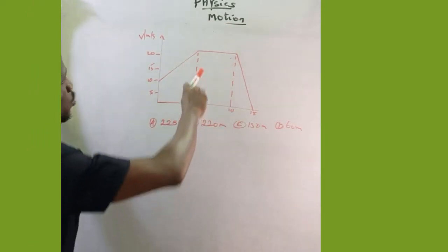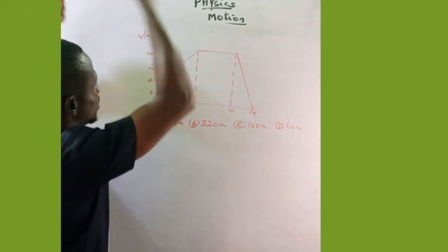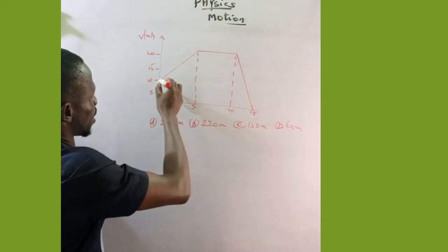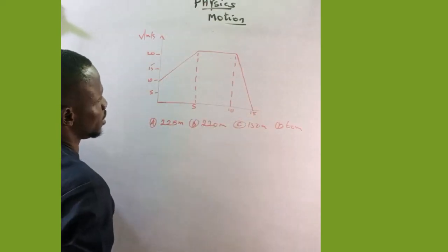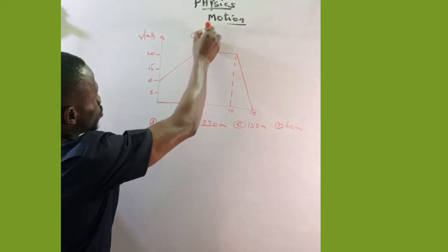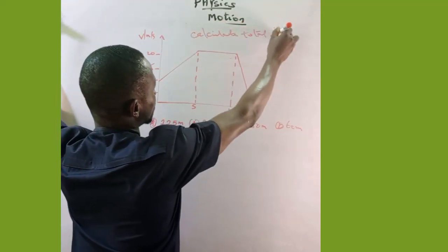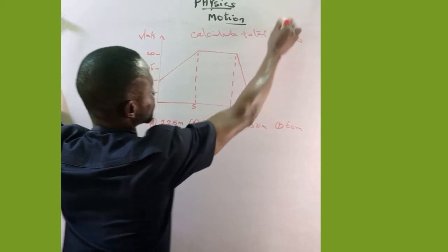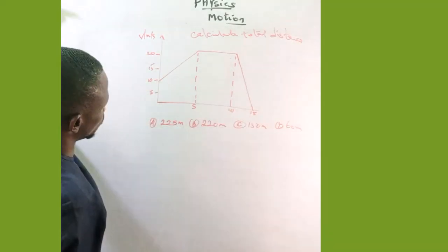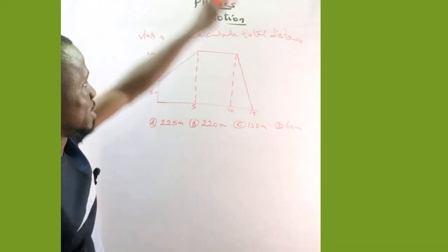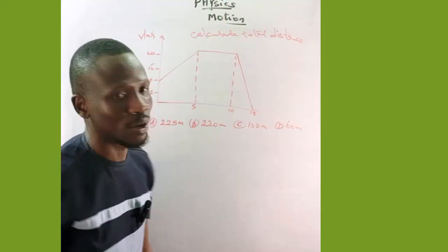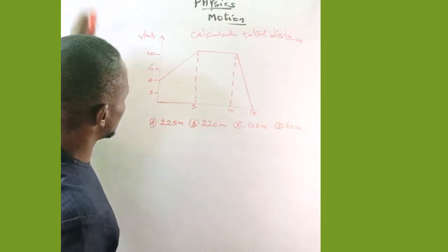Okay, look at this question. The question is to calculate the total distance traveled by the body in this graph. To calculate the total distance, I've told you that the total distance is the area under the graph.